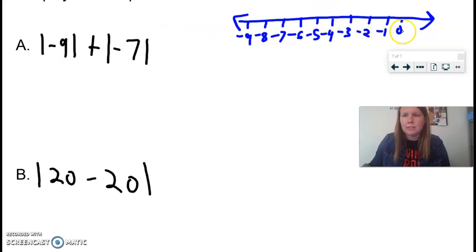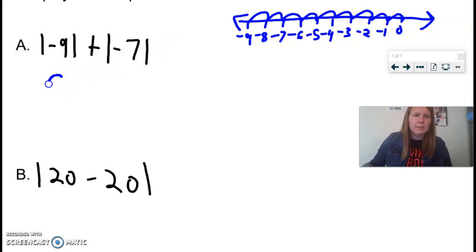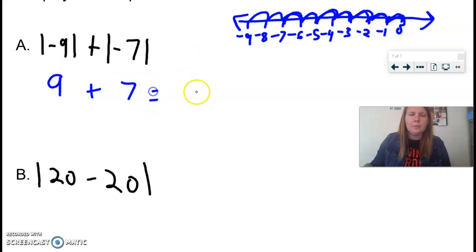That means how many units away from 0 it is. I'd count 1, 2, 3, 4, 5, 6, 7, 8, 9. Remember, distance is never negative, so it's 9. Plus then, if I wanted my distance from 7, 1, 2, 3, 4, 5, 6, 7. So now I'd have 9 plus 7. 9 plus 7 gives me 16.